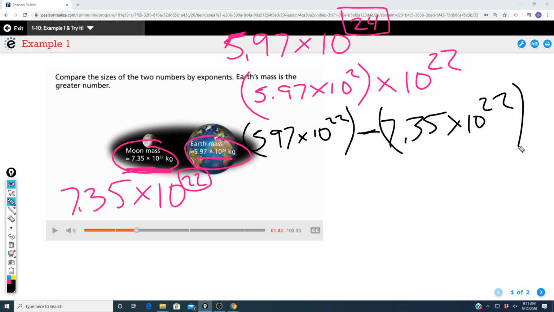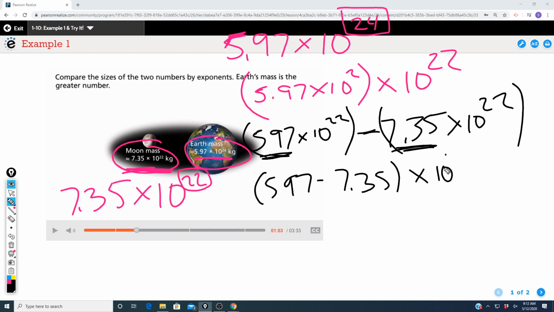We can take our two numbers and put them together: 597 minus 7.35, times 10 to the 22nd.